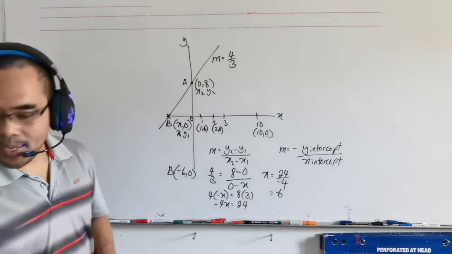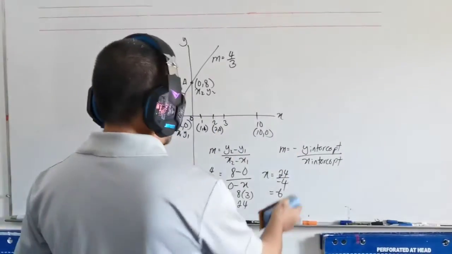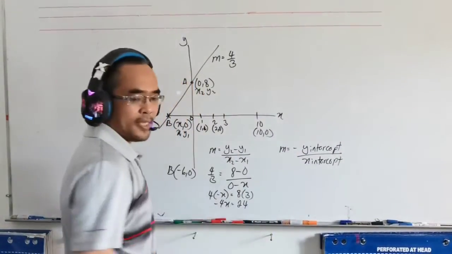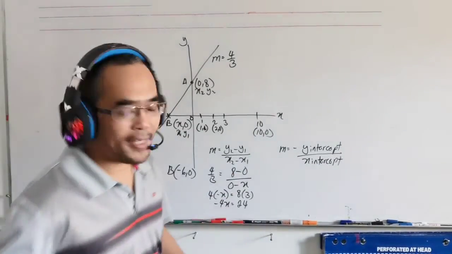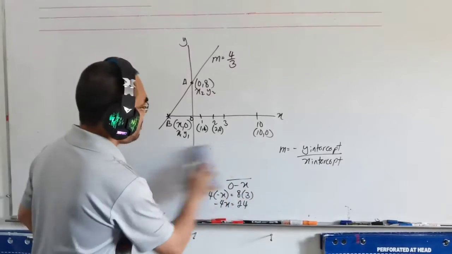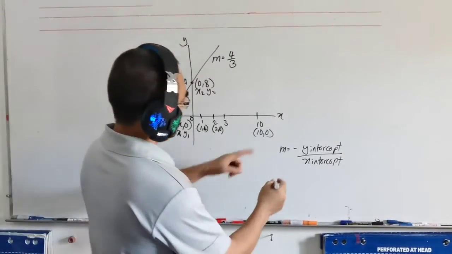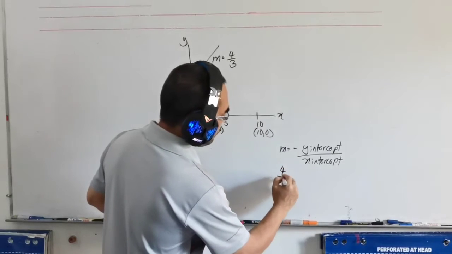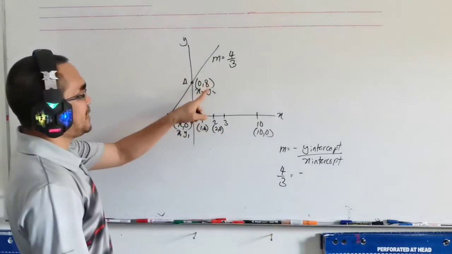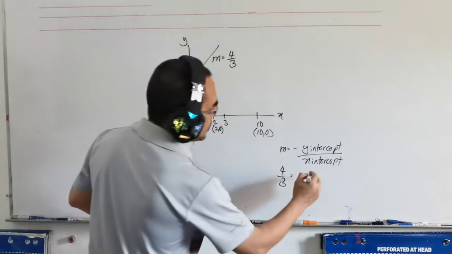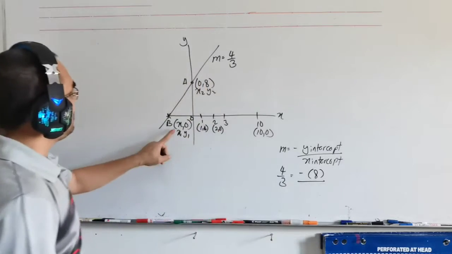Then, using this formula, that is m is negative y-intercept over x-intercept. Again, we substitute: 4 over 3 equals negative y-intercept, which is 8, inside the bracket, 8 over x-intercept.